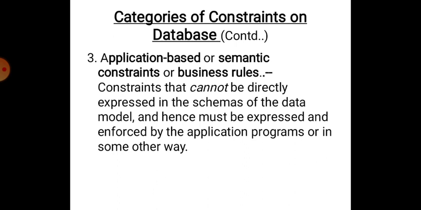Third, application based or semantic constraints or business rules. These are constraints that cannot be directly expressed in the schemas of the data model and hence must be expressed and enforced by application programs or in some other way.